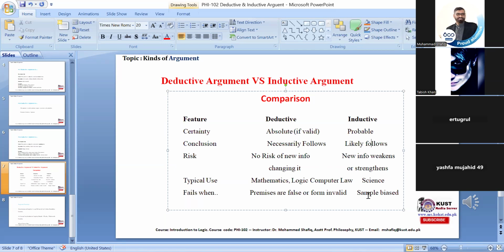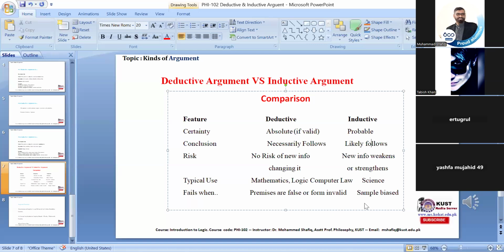If the sample is taken from those people who are not poor and who don't have this experience, and we collect data from such people, that would be a biased sample. Or if we take a very small sample in Kohat, and then draw a conclusion about poverty in the whole city of Kohat, that would again fail.